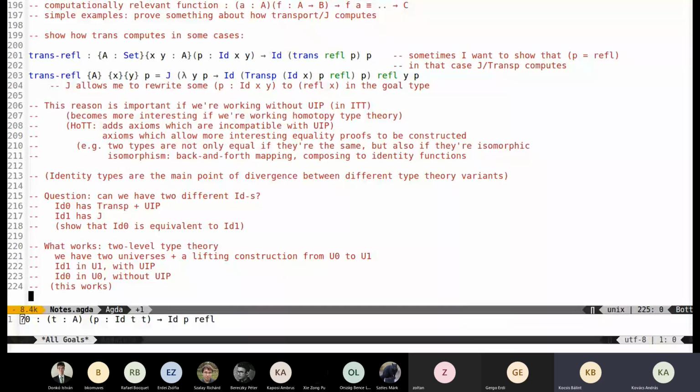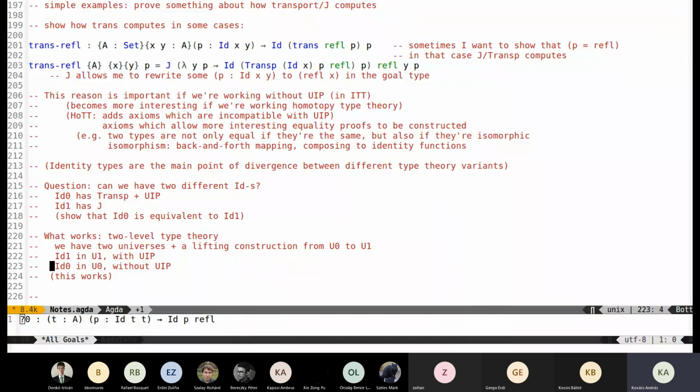And so these U0 and U1 are two distinct universe hierarchies? You can. If you want the simplest version of two-level type theory, we just say that we have two universes, U0, U1, and that's it. But you are right that if you want the usual universe levels, then they are orthogonal.